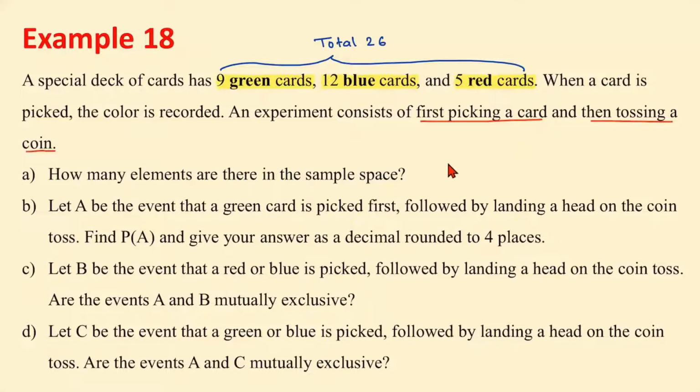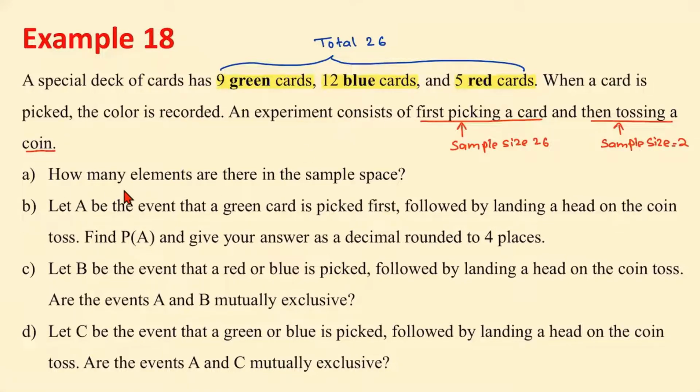So you can see, picking a card, they are picking one card out of 26. Sample size is 26 here. And similarly, tossing a coin, sample size is 2, because you will get either head or tail.